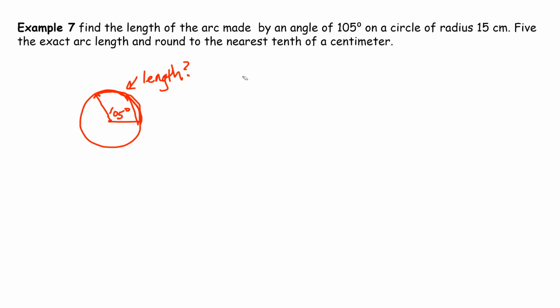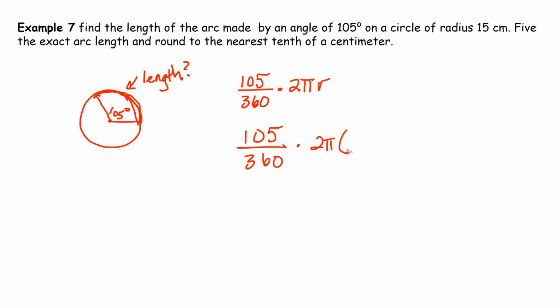And that fractional part is 105 360ths. That's how far around I've gone. And so if I multiply that fraction by the circumference, then I'll know how long that piece of the circle is. So they tell me that the radius is 15 centimeters. So I can plug that in for R. And if I punch all of that into my calculator, I'm going to get about 27.5 centimeters.